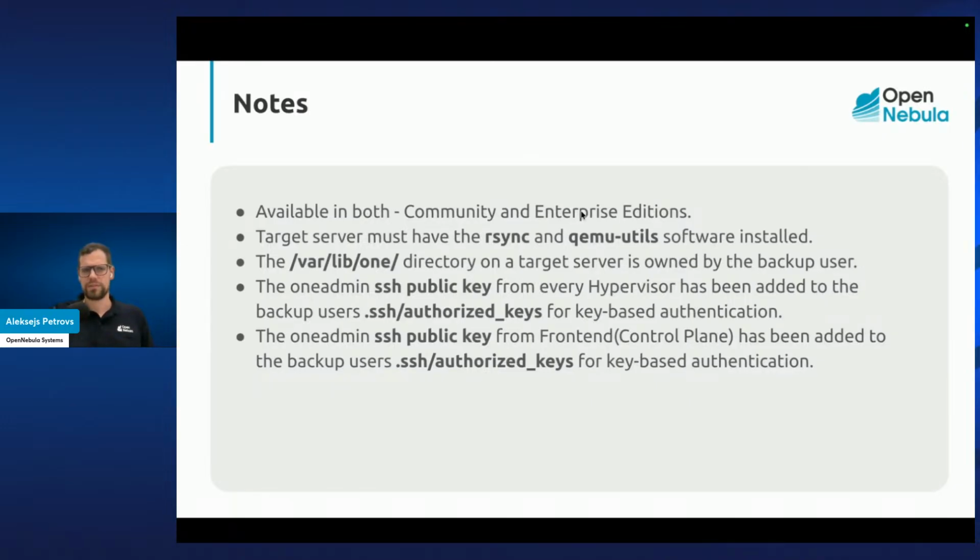There are some additional things, right? The /var/lib/one directory that you have on a target server must be created. It's actually /var/lib/one/datastores, but /var/lib/one is the initial directory that must be there, and it should belong to the user that you're going to use on the target server, let's call that the backup user, right? That backup user is supposed to have read-write access to that directory.